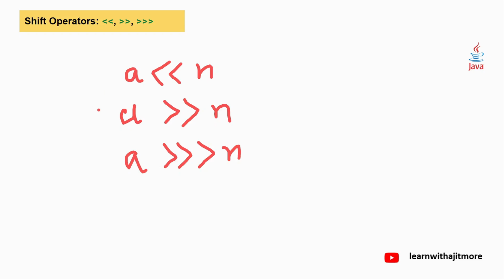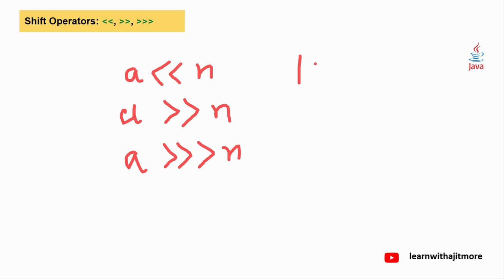So what these operators do is take the binary representation of the first operand and shift the bits of the first operand, that is A, either left side or right side n times.